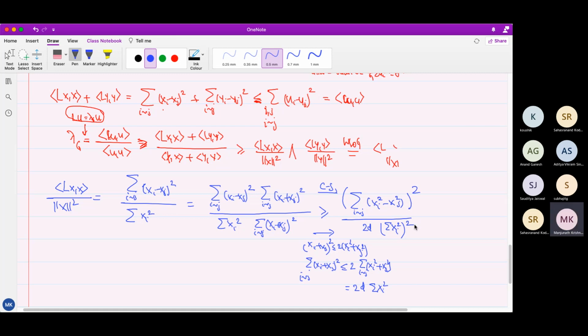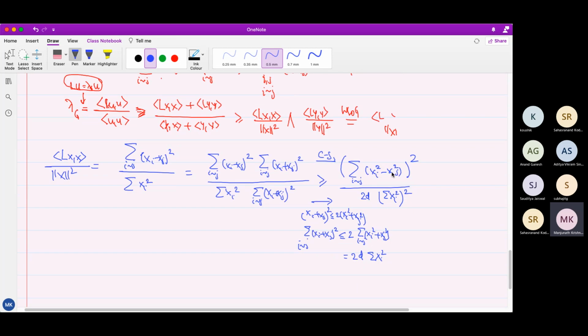Okay, so now what? Let me look up. There is a small trick. So what is it that you do now? Xi square minus xj square. Now we have to relate it to the quantity. So this is the square of something, so it is 1 over 2d.